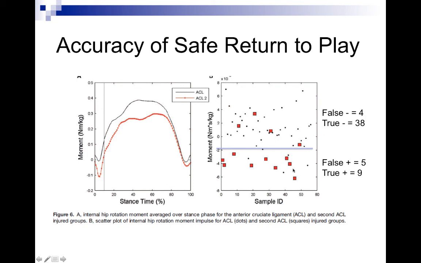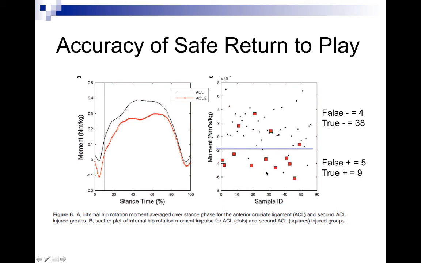So in essence, if we were to use this data, 5 of the people we told that they were at risk of injury really were not. 9 people were accurately predicted, and we might have been able to protect them by extending their care. And 4 people we would have said were really safe, but they would have actually hurt themselves. So essentially, this is pretty acceptable given the difficulty of estimating these problems.